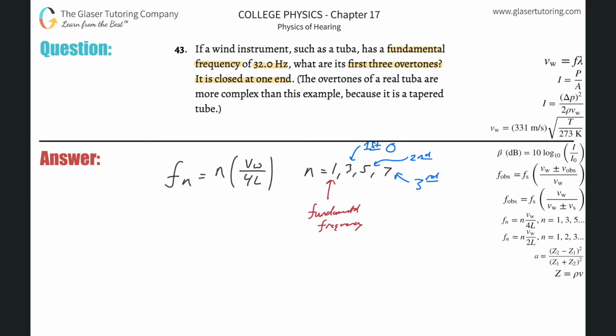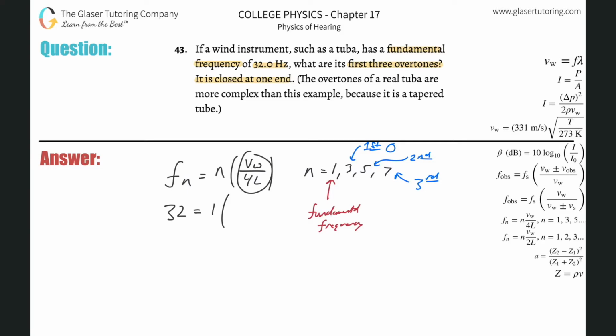Now all we need to do is basically just plug it in, right? So it wants to know what are the first three overtones. It's slightly more complicated than just plugging it in, but what we realize is that it's really not. If I know the fundamental frequency, which they told us, it's 32 Hertz, I could solve for this unknown piece.